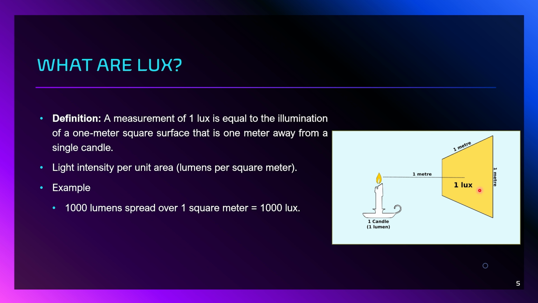Suppose it's 1000 lumens, you will get 1000 lux. And the definition always indicates that the subject should be placed exactly 1 meter away from the source of light. What will happen if you place the subject 5 meters away or 10 meters away or 1000 meters away? That we will learn in the upcoming slides.